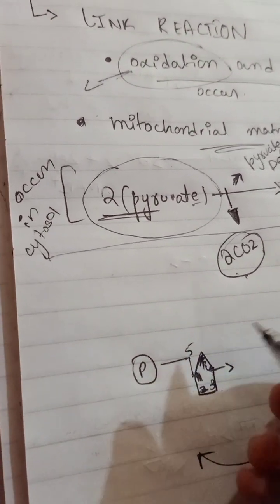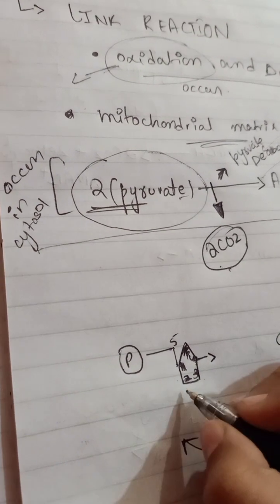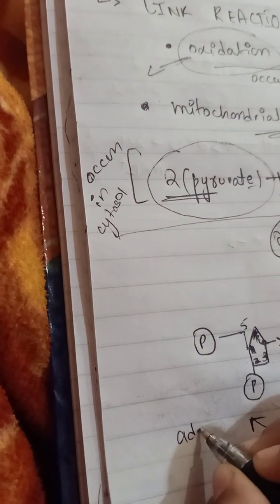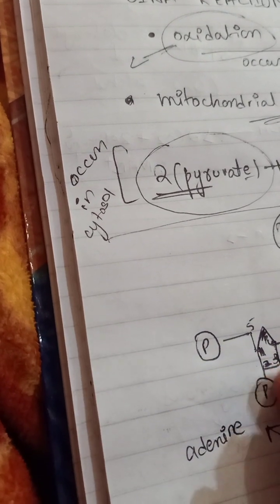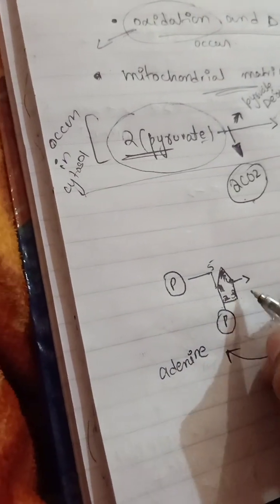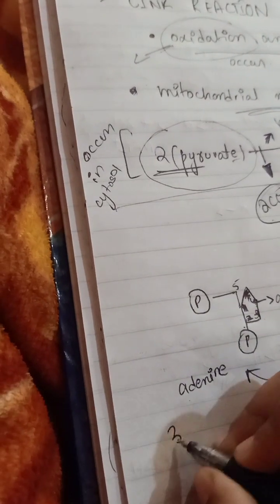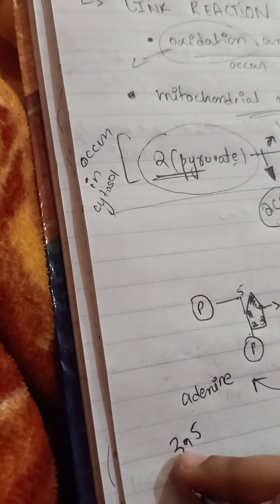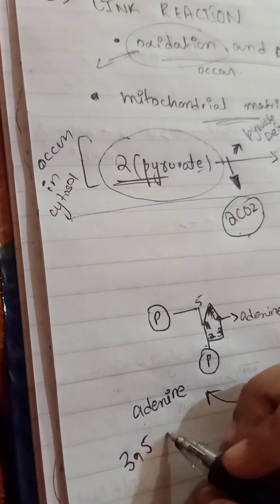If we have one phosphate, we call it adenine monophosphate, but here I have attached one more phosphate on the third carbon, so we call it adenine 3',5'-bisphosphate, because we have two phosphates, one on the third carbon and the second on the fifth.